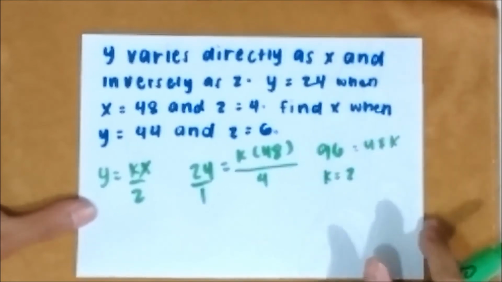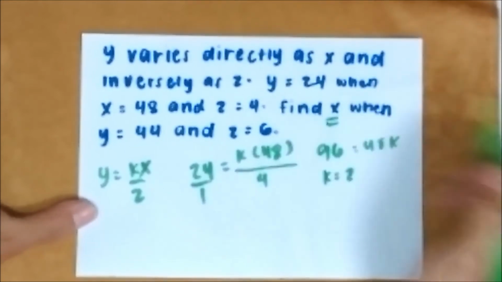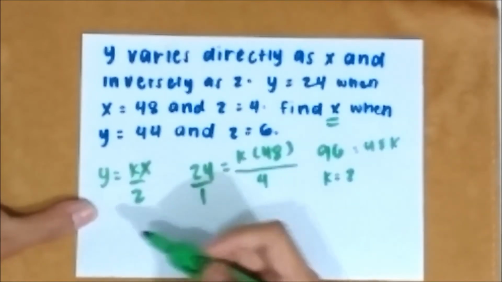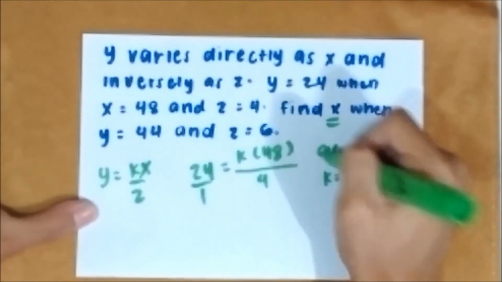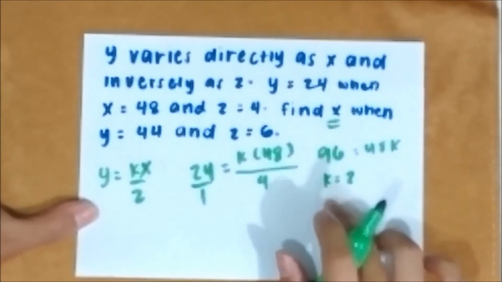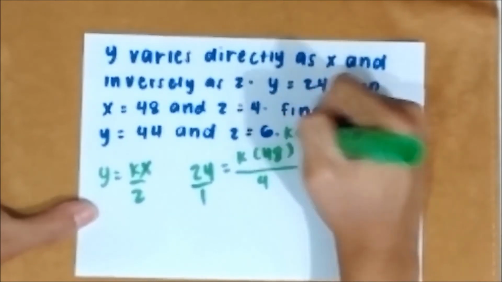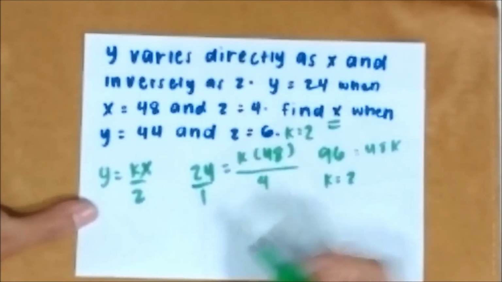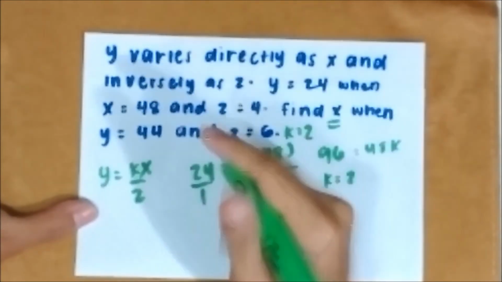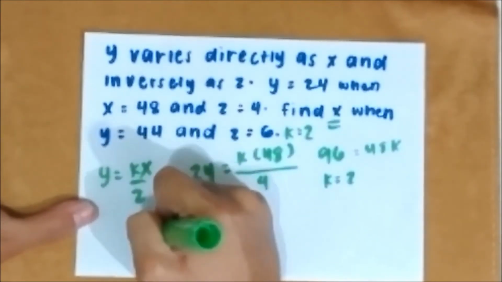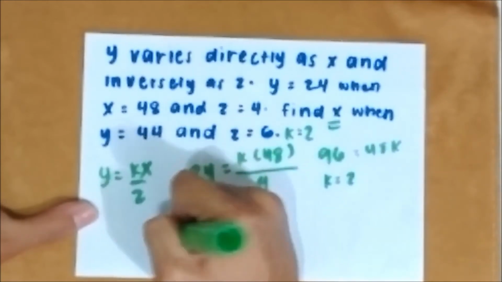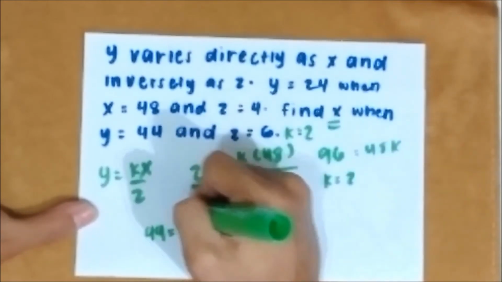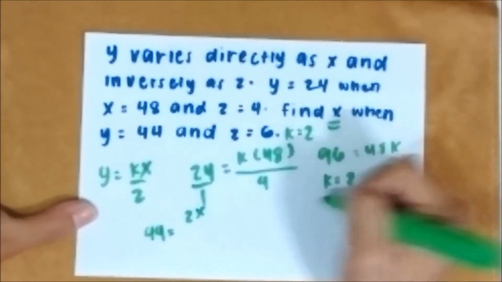Now substitute. Find x when y is 44 and z is 6. So now you have to remember that you now have your k. Now find x. Y is 44. Now let's substitute again. 44 is equal to 2x over 6.